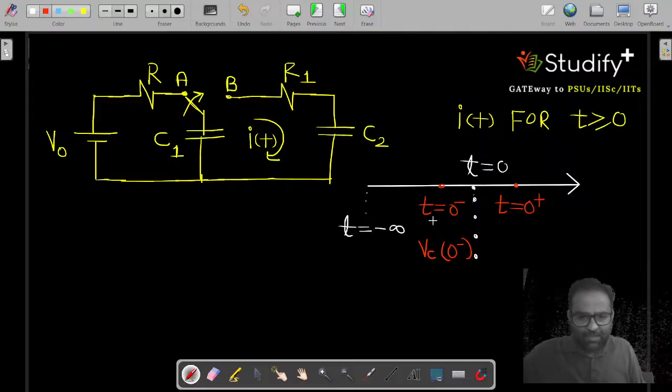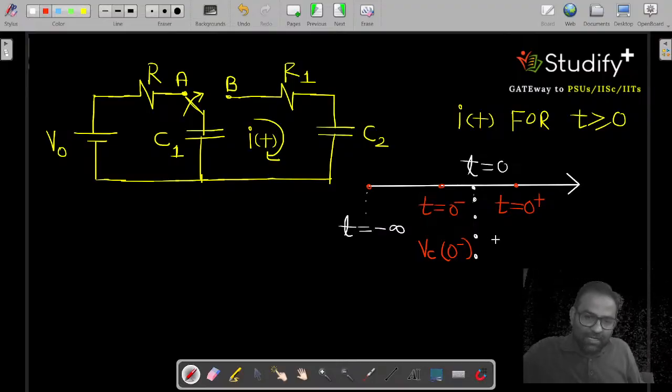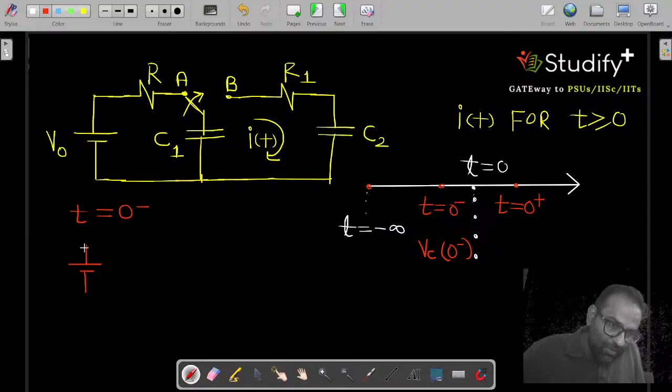What is VC(0-)? Because your circuit started from t equal to minus infinity, can I say that at t equal to minus infinity the circuit will look like this: a voltage source, a resistor.